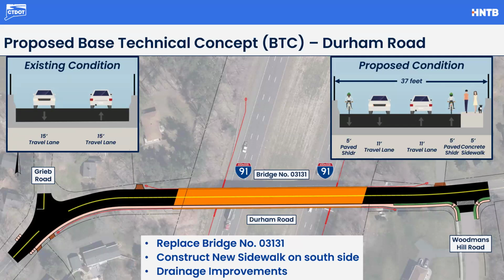This will extend the existing sidewalk that comes out of the Woodman's Hill Road development and currently terminates at the east side of the bridge crossing. It'll now extend across the bridge and around the horizontal curve at Grebe Road, so that there is sufficient sight distance for pedestrians navigating that corner.